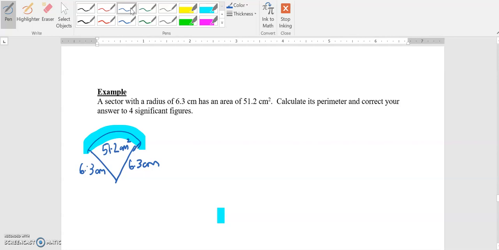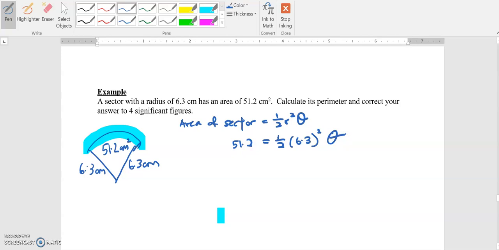Since I'm given the area, let's use the area formula. So if I were to write this down, area of sector. Of course, you may ask me, must I use radian formula or must I use degree formula? You can use either one, but for the context of this question, I'm going to use the radian mode instead. So area of sector is half r squared theta. I'm going to fill in whatever I have, which is 51.2 over here, half here, 6.3 squared there, and the angle in the center, which I'm going to put as theta.